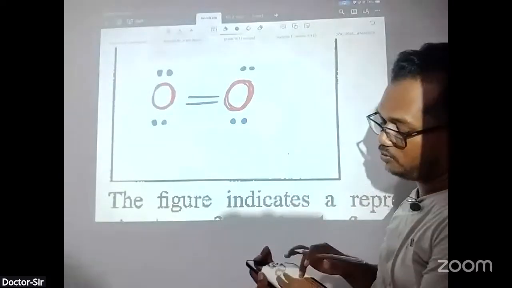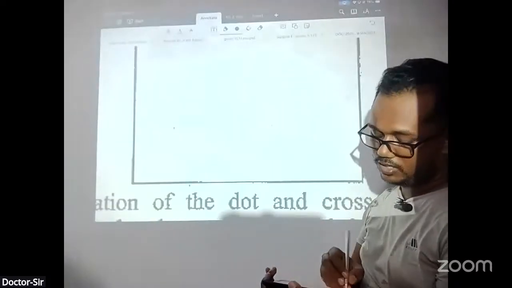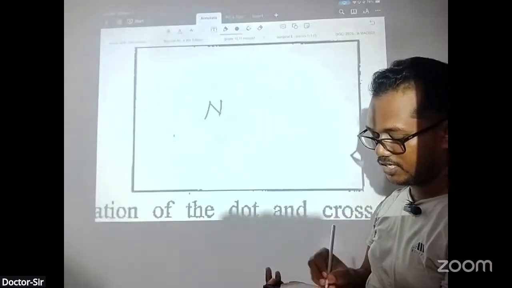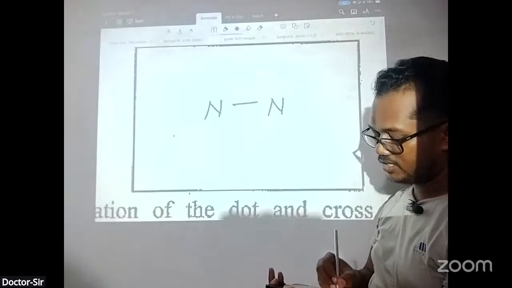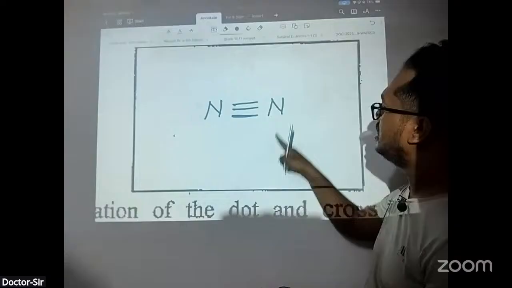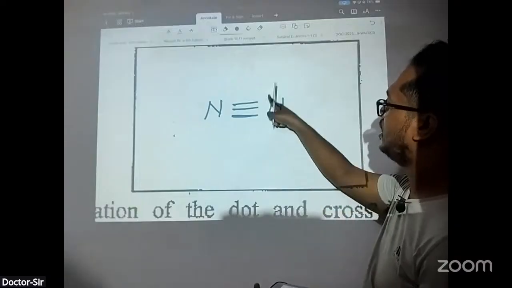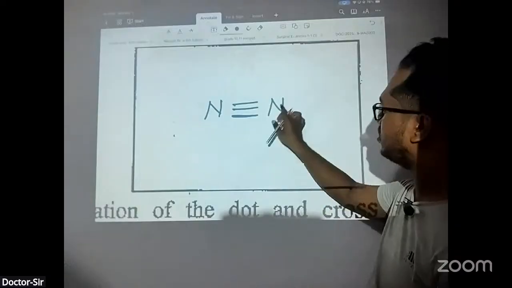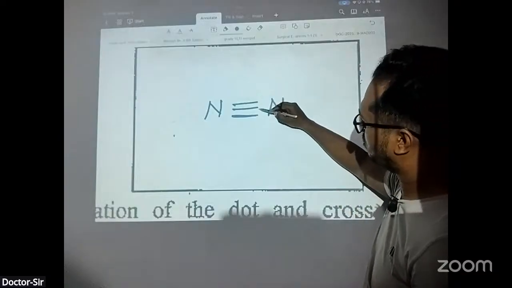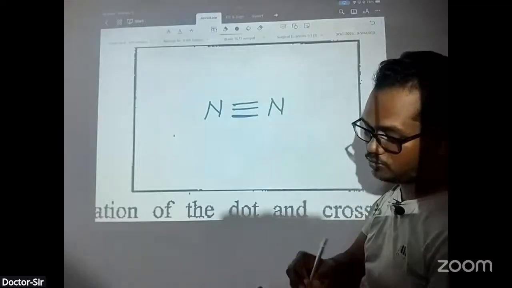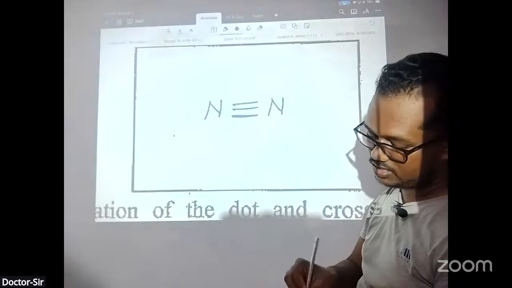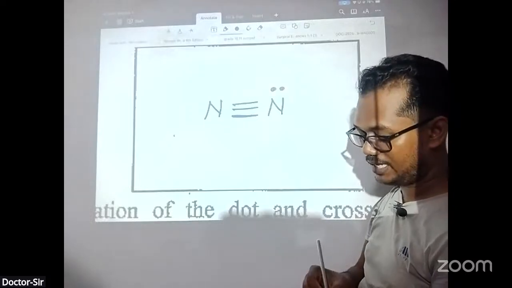Right. Now we will move on to nitrogen. Usually we know about nitrogen. It is a triple bonded structure. There is a triple bond, and we should look carefully that each nitrogen should have 5 electrons. So the triple bond has 1, 2, 3 electrons for each nitrogen, then we should put 2 more. I will teach those simple theories.